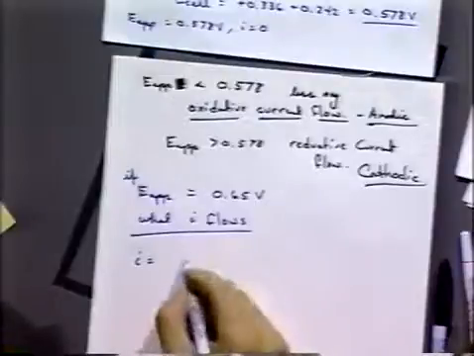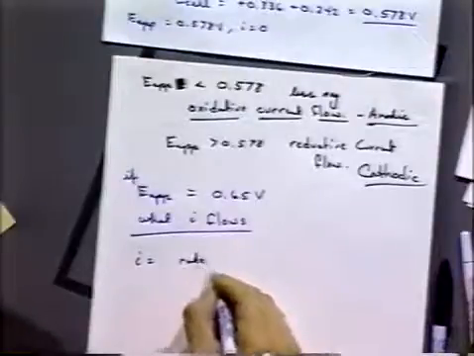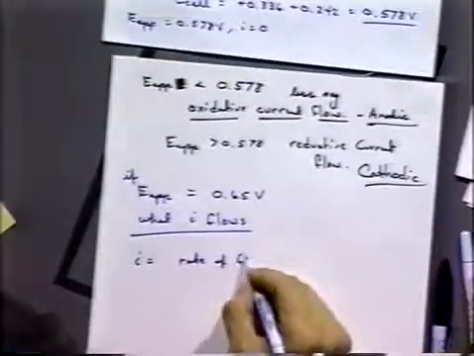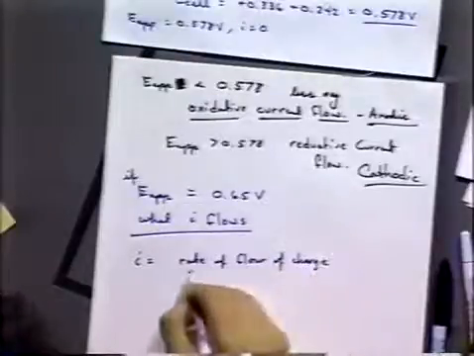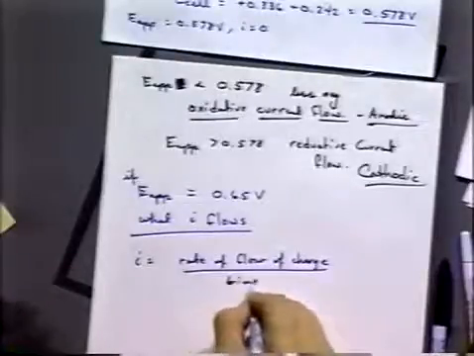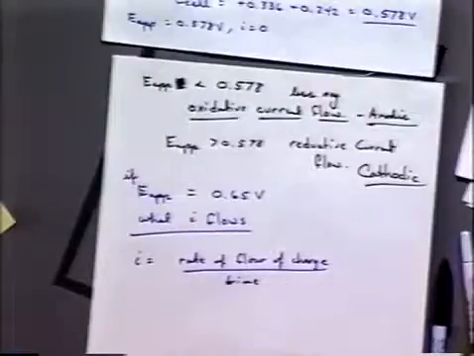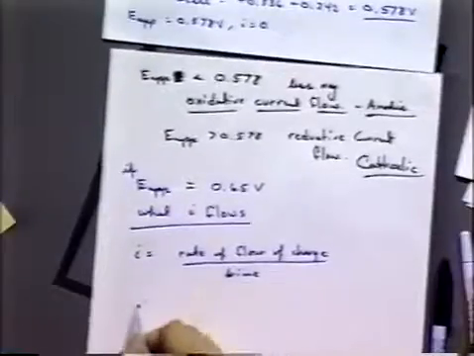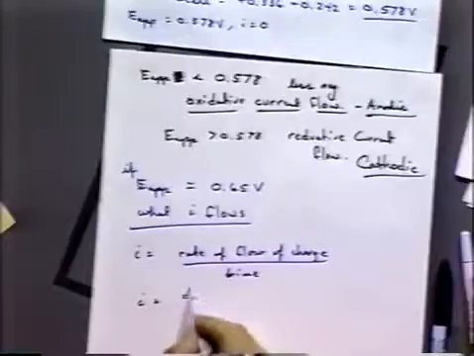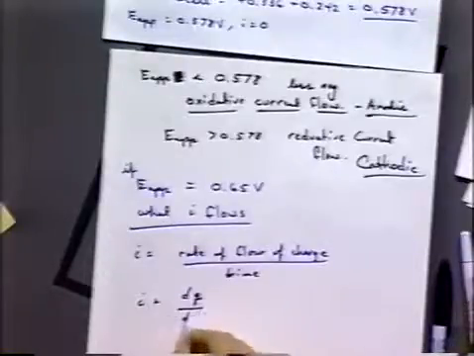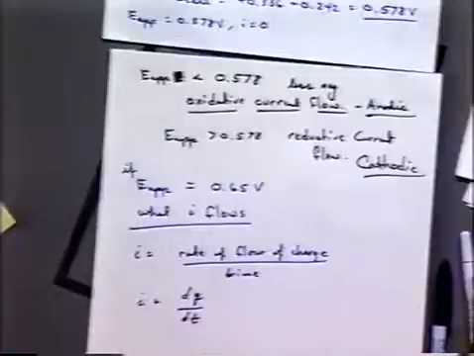So current is actually the rate of the flow of charge versus time. The higher the amount of current we've got, the more charge is actually flowing versus time. Current is in units of amperes, and it's actually a derived unit, which is really just the derivative of the charge flow with time.